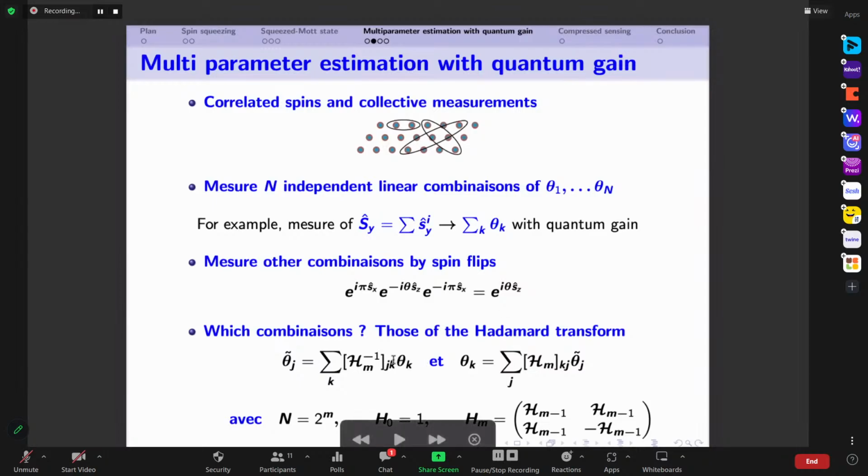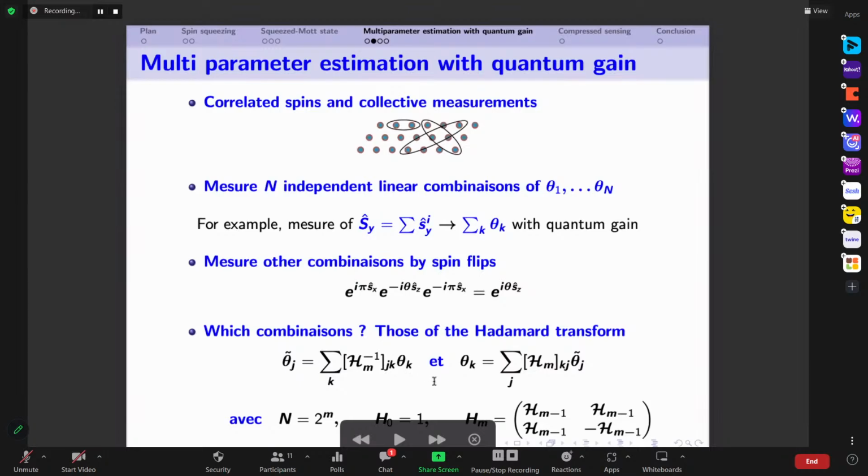So starting from our initial signal that I put in a vector, this theta k, one can act with this matrix H, which is made of +1 and -1. I can tell you in a minute how it is built. And I can obtain the combinations, and I can also do, of course, the inverse operation.